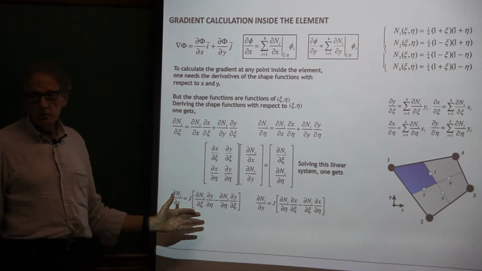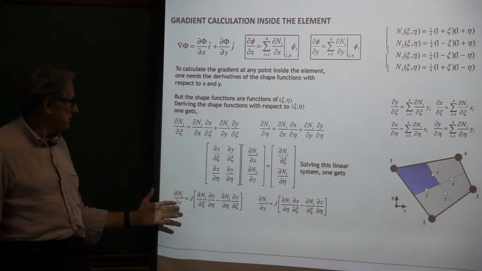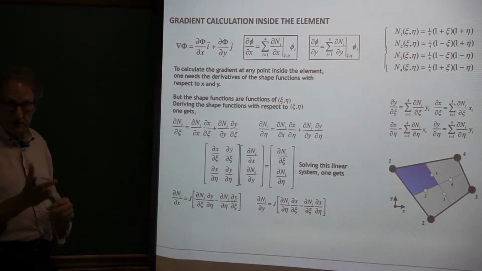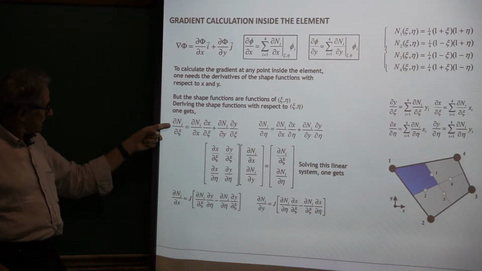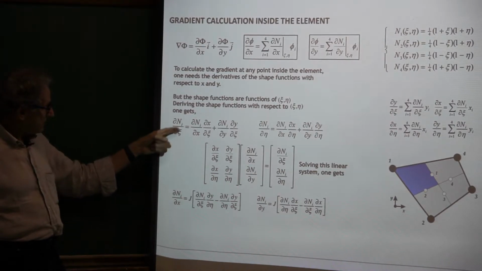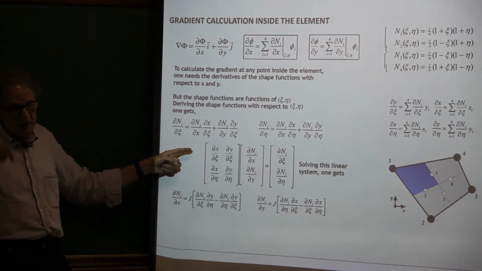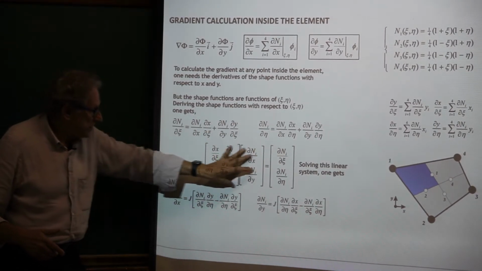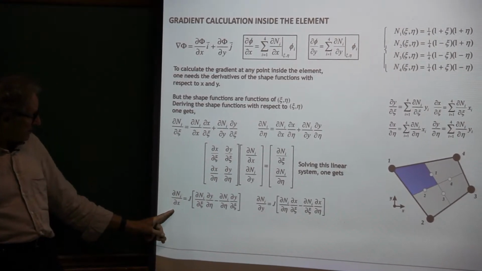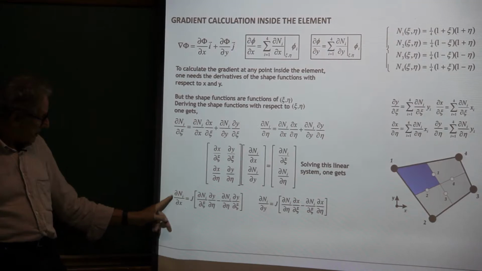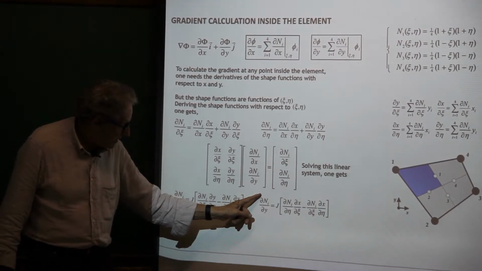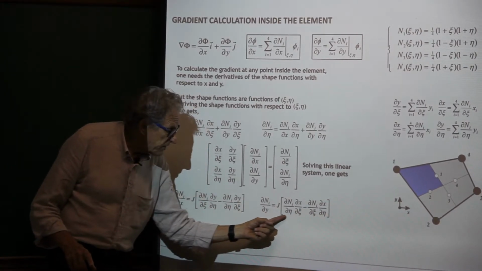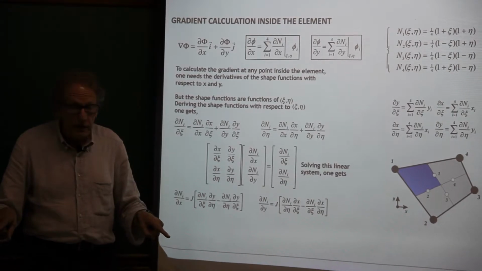It's easy to do this transformation. You apply the chain rule. Derivative of N in x, derivative of N in xi. Since x is a function of xi and eta, there is a small matrix here in 2D, and then you find the derivative of N related to x and the derivative of N related to y, everything as a function of numbers that I can calculate.